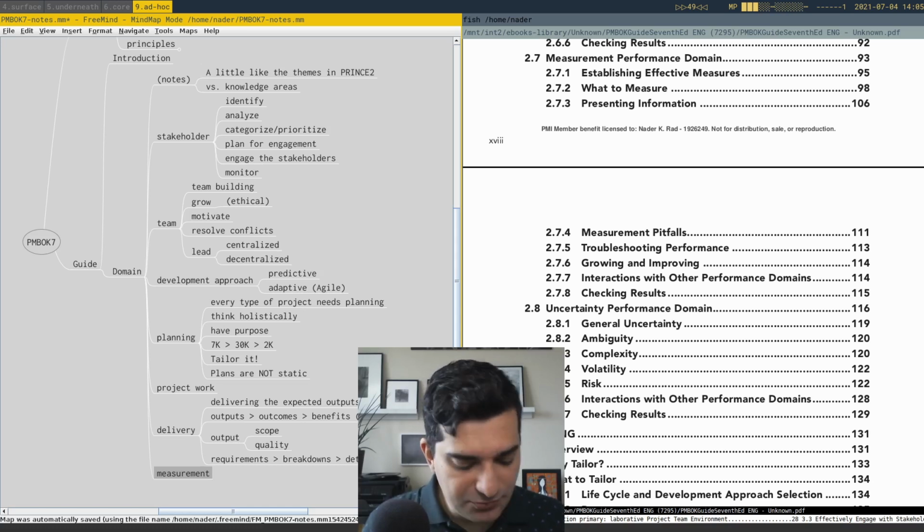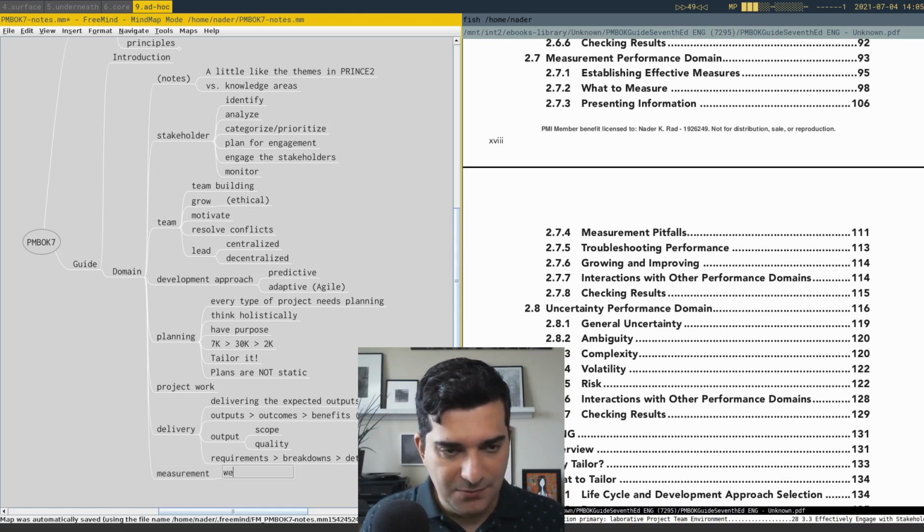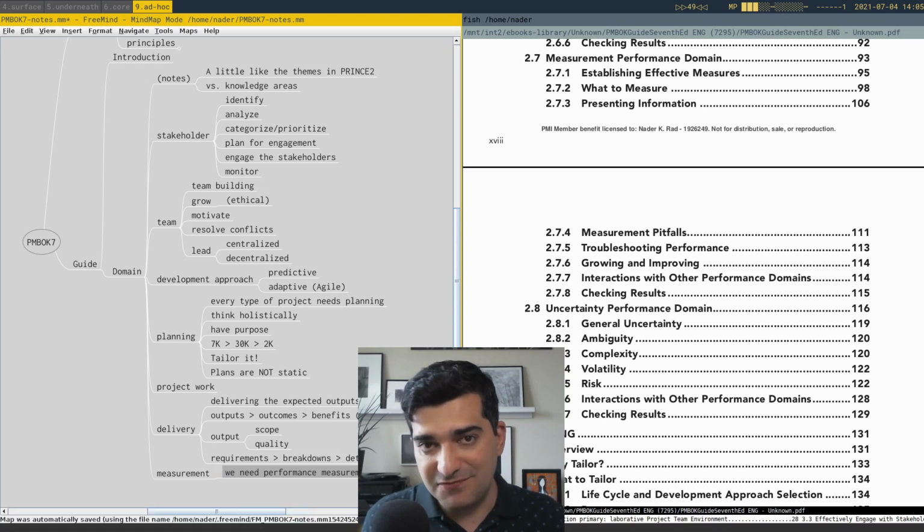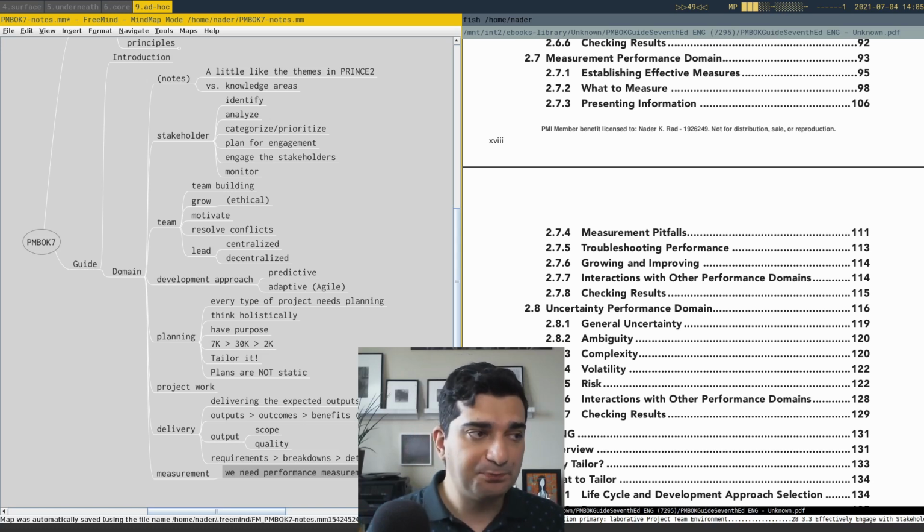But still, we need performance measurement in every type of project. The way we do it is different in different types of projects. It's not the same in predictive and adaptive projects, but we still need to have some form of it.